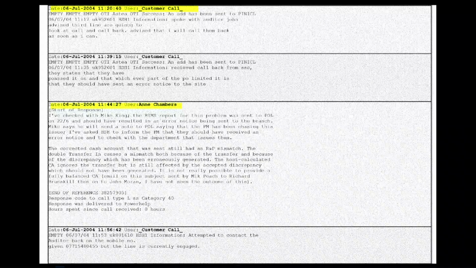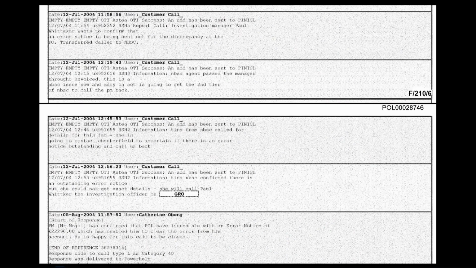It doesn't look like it, no. Can you see from this whether anyone spoke to the auditor? Well, the help desk were asked to inform the postmaster, but I don't think we ever had a phone number for the auditor, or I certainly didn't have a phone number for the auditor. And HSH had been the ones speaking to him.